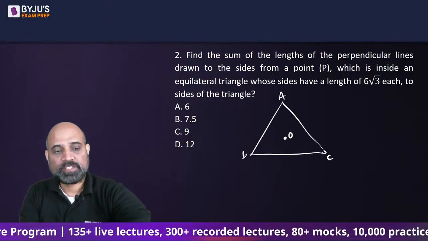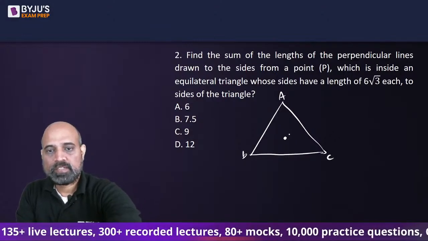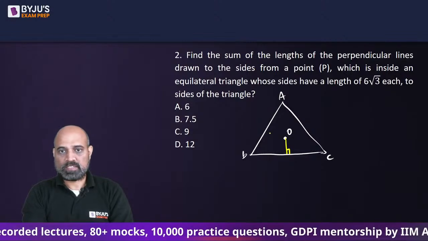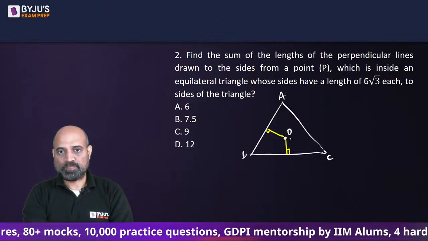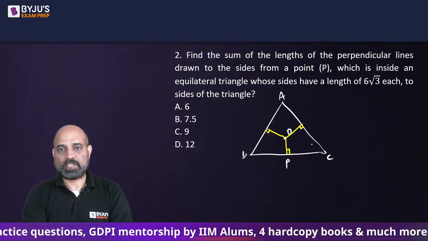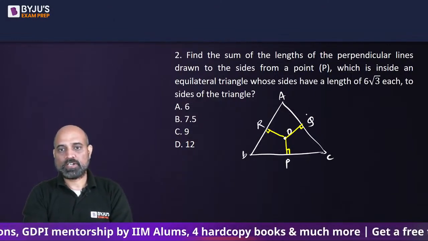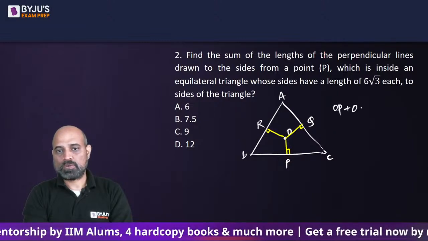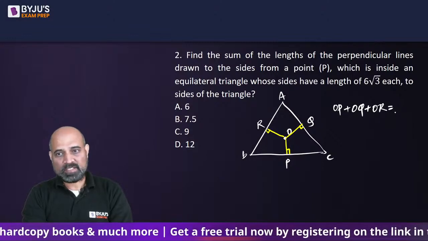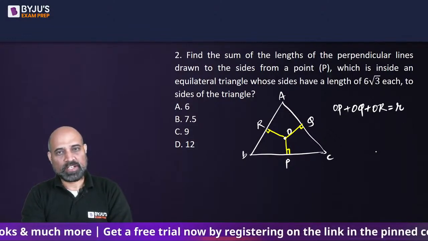So, this is the point. Then we are asked to find out the sum of these perpendicular lengths, right? If I call these as PQR, so we need to find out OP plus OQ plus OR, which is nothing but the inradius of this equilateral triangle.